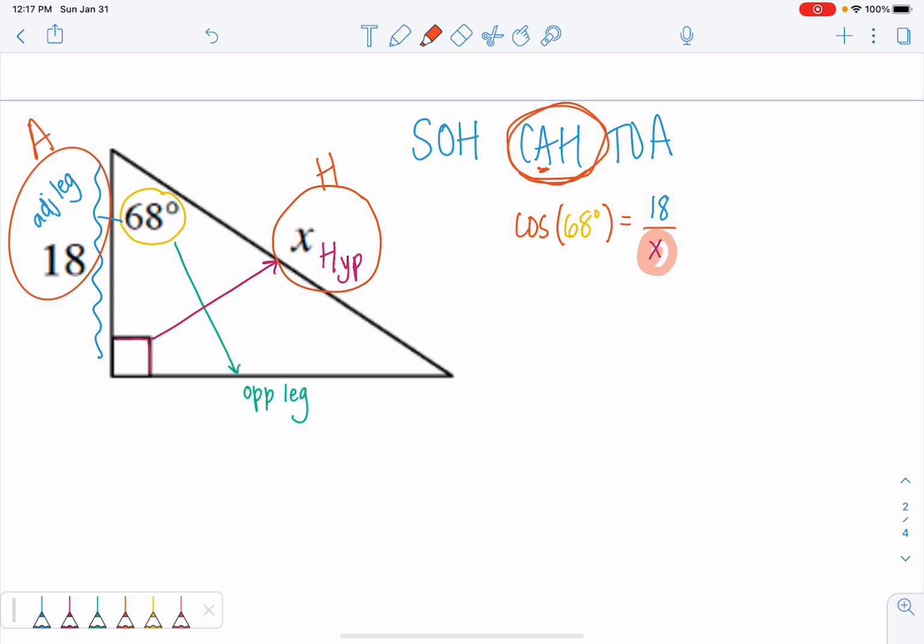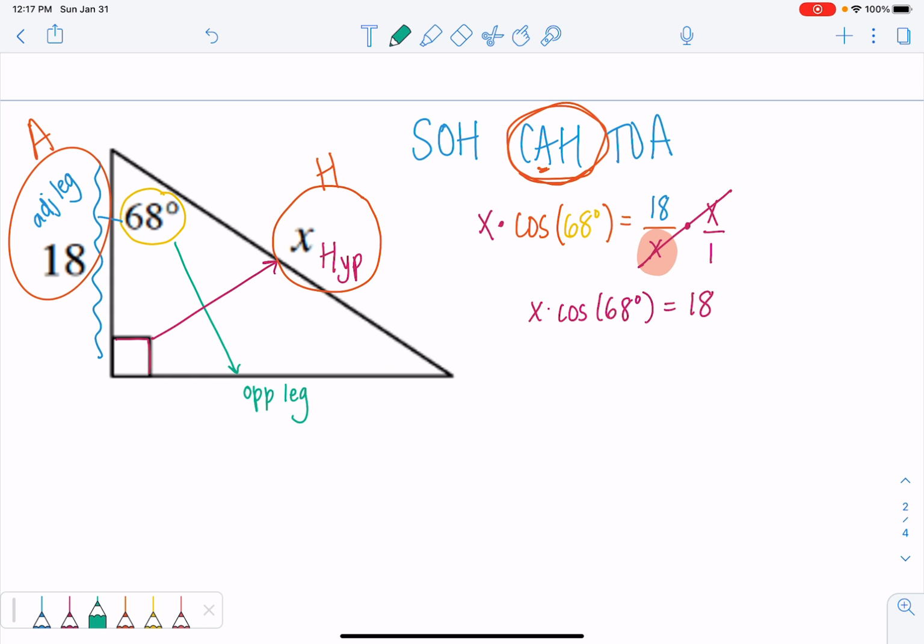X is in the denominator. We always want to multiply by what's in the denominator, always. We have to do it to both sides to keep it equal. This cancels and we get just 18.